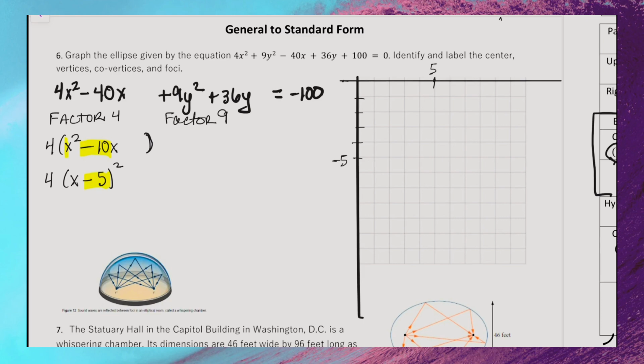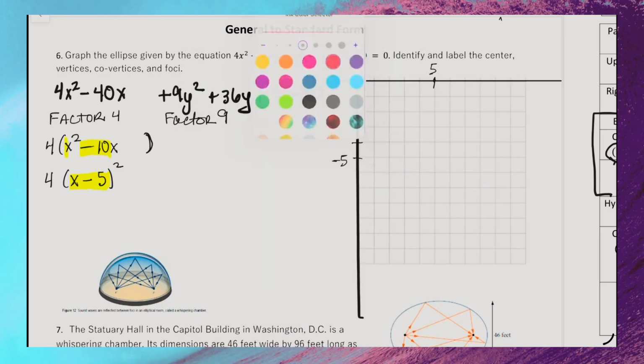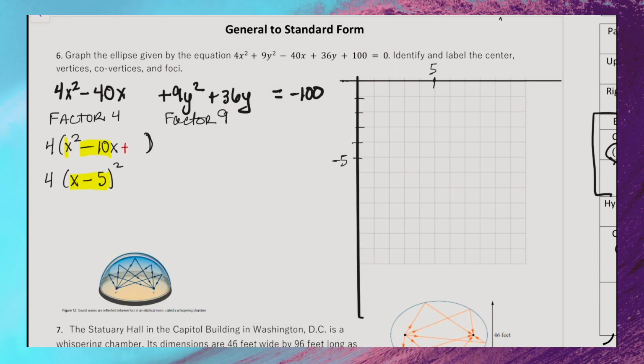Now, if I just insert this 5 randomly there, that's equivalent to me having put a plus 25 there. See if that tracks for you. If you multiplied out this x minus 5, you would get a 25 on the back end. We didn't have that in the line above it, so we needed to insert it, okay?